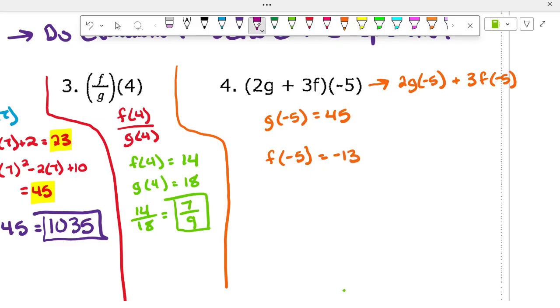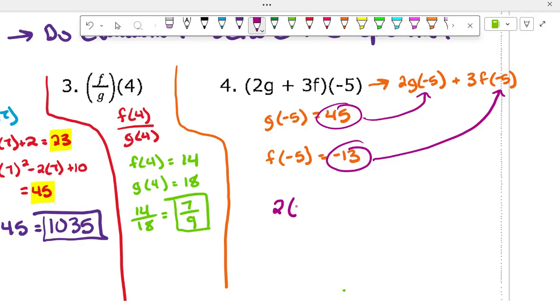Now, we're going to take these two numbers and plug them in for their spots respectively. So now this new operation is 2 times 45 plus 3 times -13.